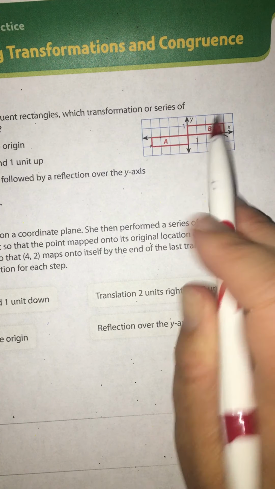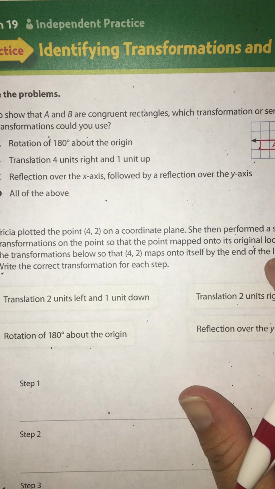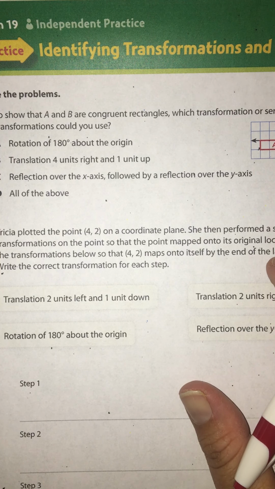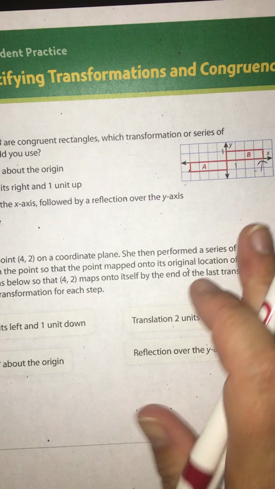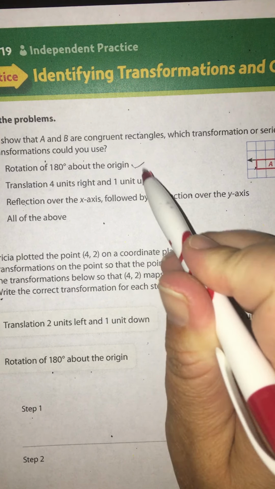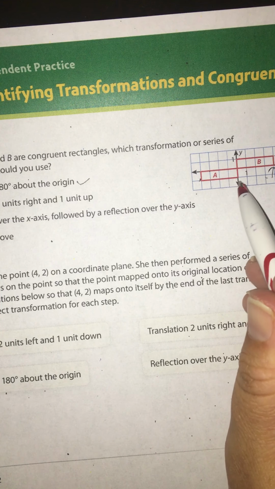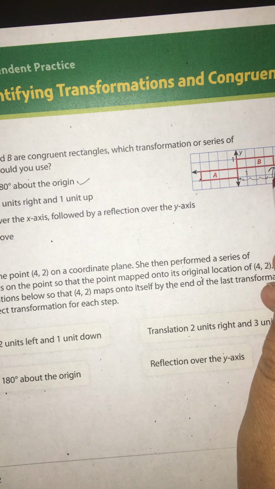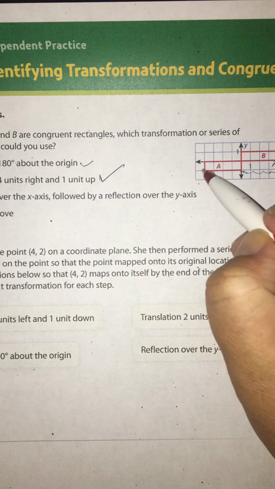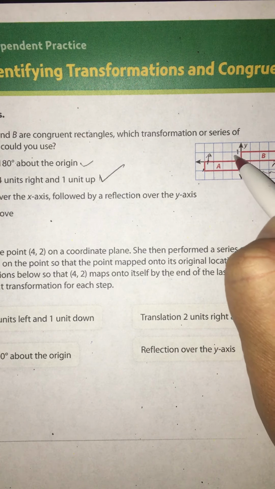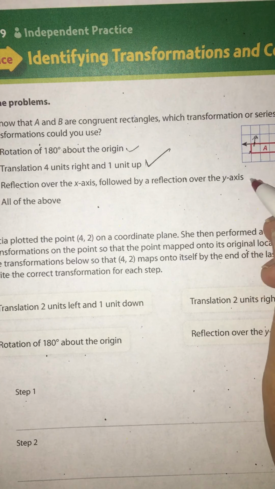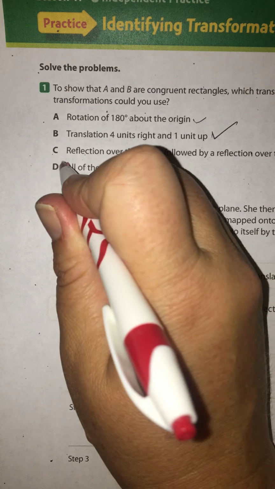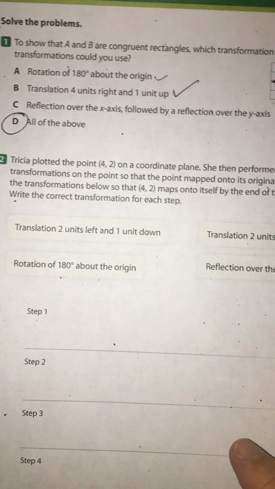If I rotated 180 to show A and B as being congruent, that would work. So this would work, but also I'm noticing if I translate 4 over, 1, 2, 3, 4, and 1 up, that also works. Reflect over the X, and then reflect over the Y, that also would work. So we've got a situation of all of the above.